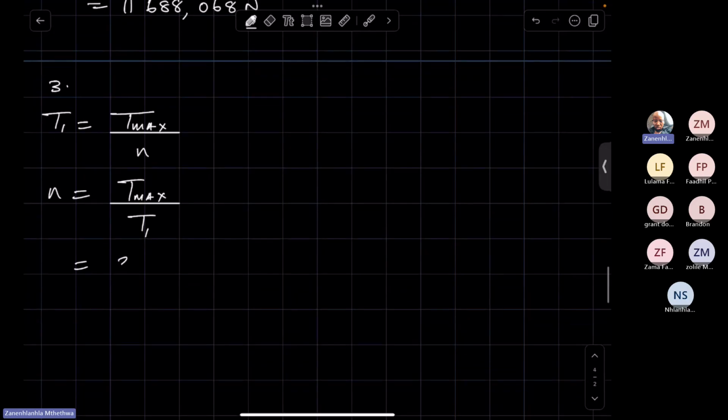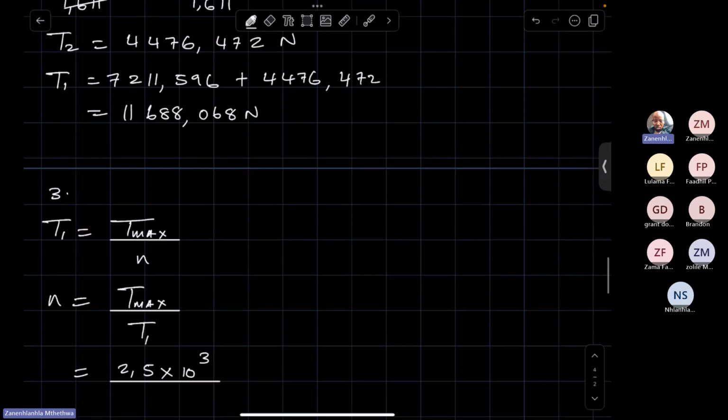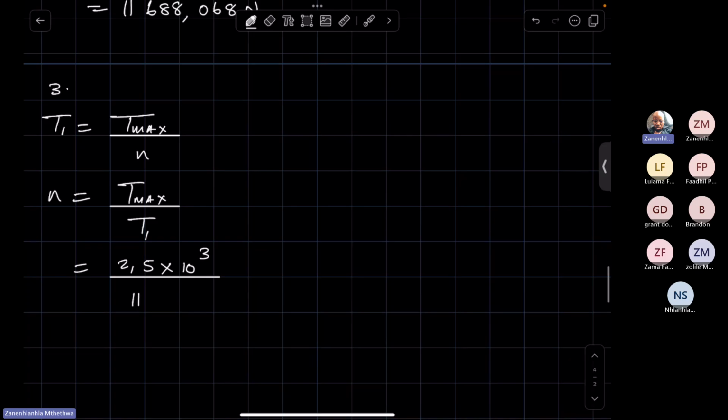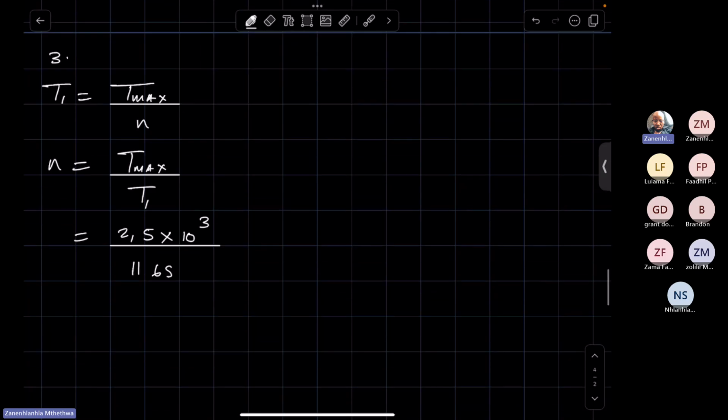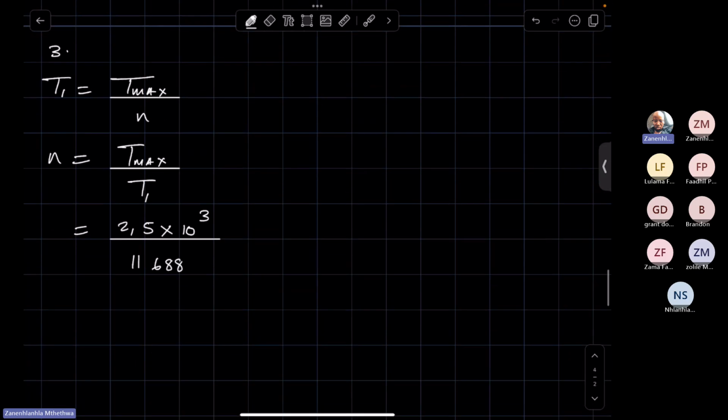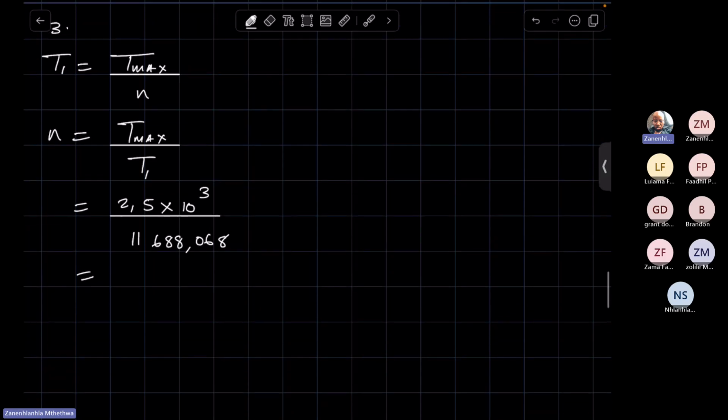So this is 2,5 times 10 to the 3 divided by T1, which is 11,688,068, right? So this is 2,5 times 10 to the 3 divided by the 11,688,068, right?